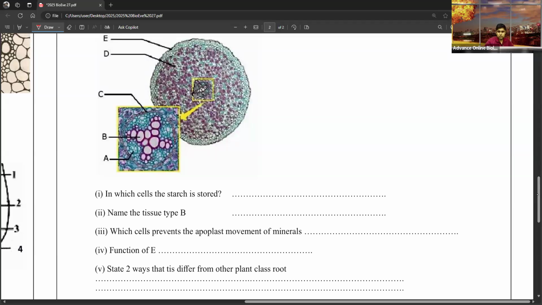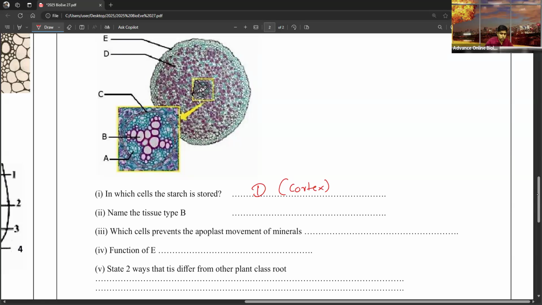What do you take, people? Which cell type is the starch stored in? We can take epidermis, D, cortex. D, cortex.